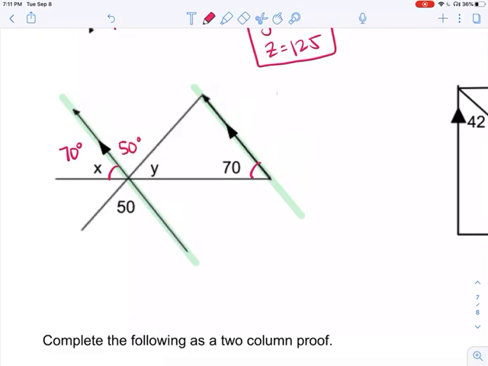And if we do 180 minus 70 minus 50, because I have a straight angle for the 70, 50, and y, so 180 minus 70 minus 50 will give me 60 degrees for y.